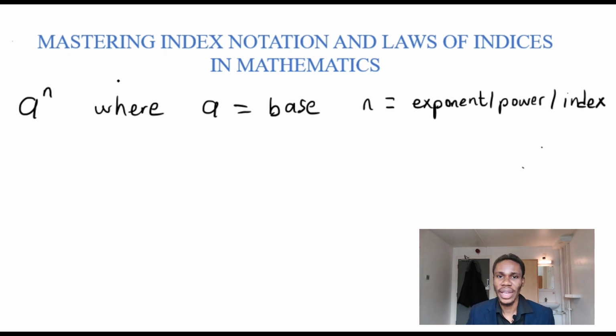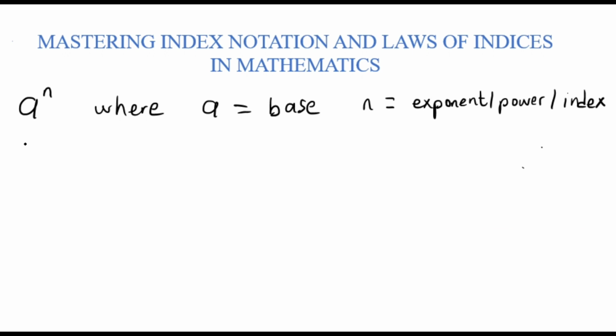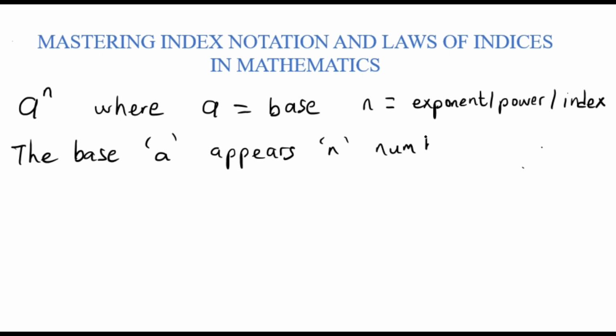So what we are trying to say when we write numbers or variables in index form is that the base a appears n number of times. So this is actually multiplication.